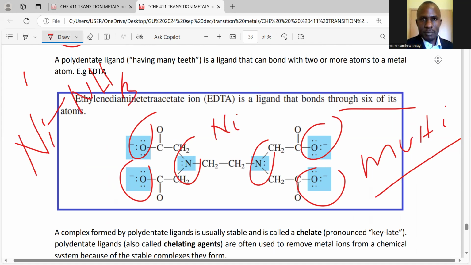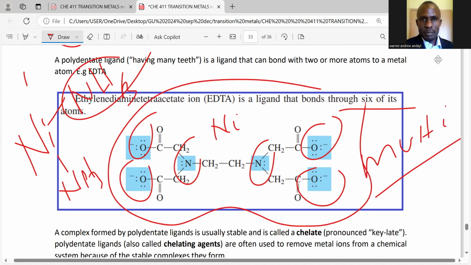If you have 6 ammonias on nickel, one ammonia can be knocked out, and it will be unstable. But this one, remember nickel can coordinate up to 6, so one nickel is just grabbed by one EDTA. That is very stable because either you remove the whole EDTA or you don't remove it. So this is very stable.